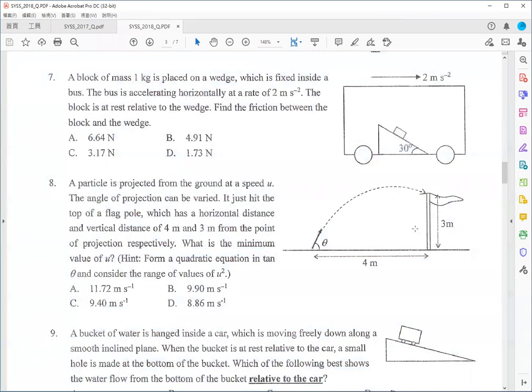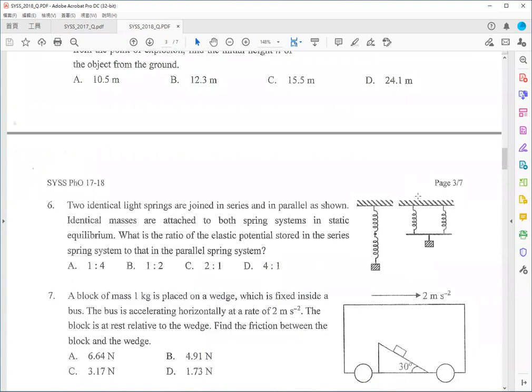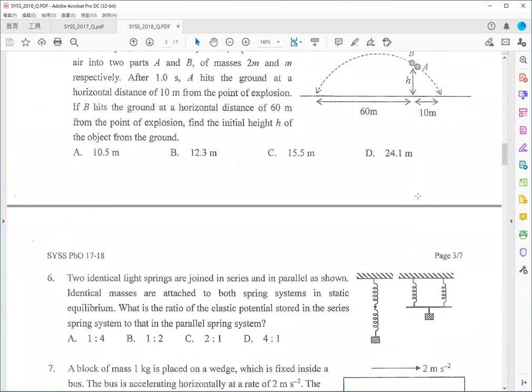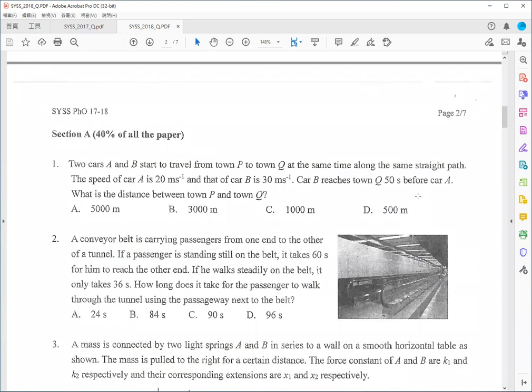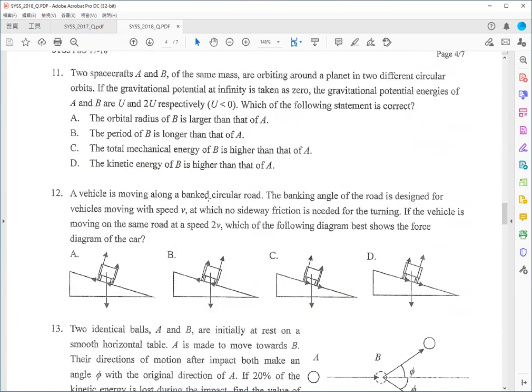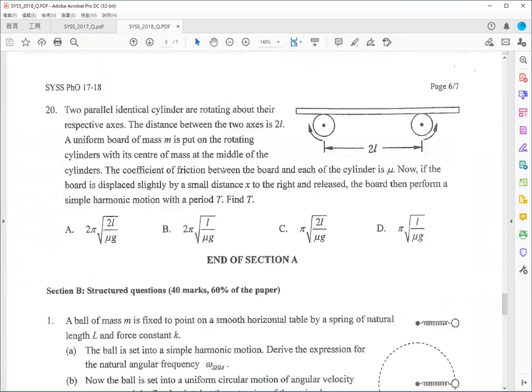The minimum value of U. So this is about projectile motion. We have a formula for it. Question 6, we have done a similar question before. Question 2, I've done a similar question in the first few lessons. Question 1 is a simple question. So for this year, I think the questions are much easier.